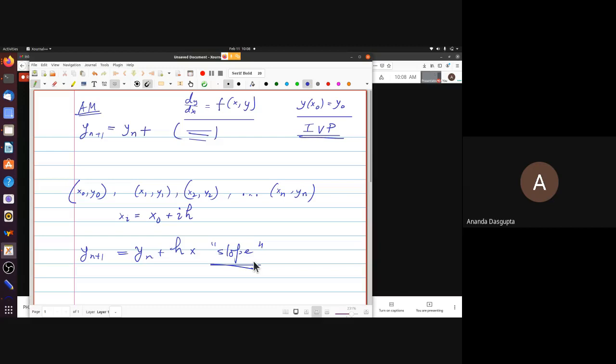Just to remind you, in all the previous algorithms, the ones we did last week, we found the slopes in between xn and xn plus 1 at several points and weighted averaged them, and that gave us my new yn plus 1 from this formula.